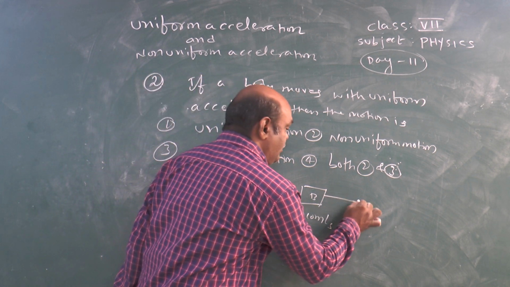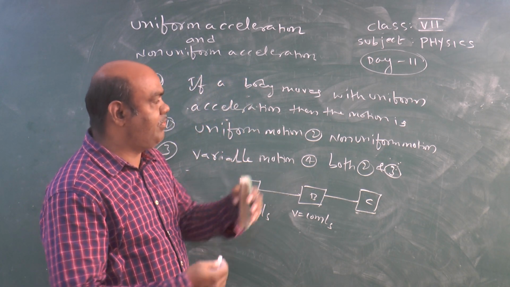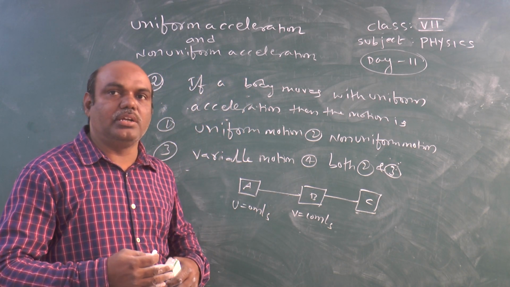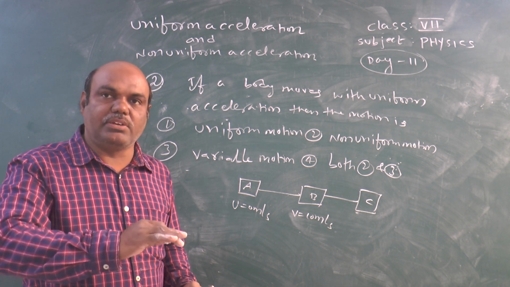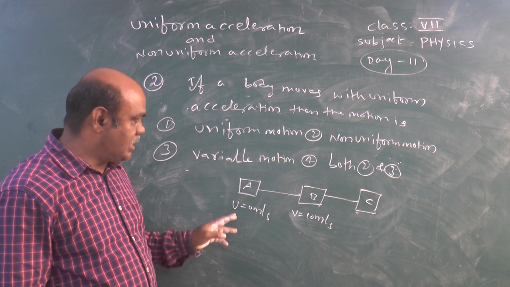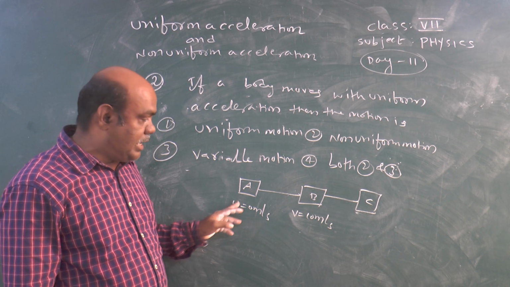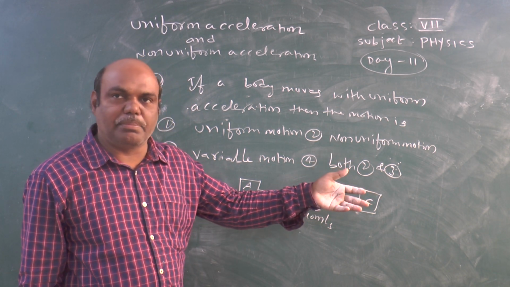In the next 1 second, the velocity is definitely more than 10 meter per second. So at A it is 0, at B 10 meter per second, at C other than 10 meter per second.